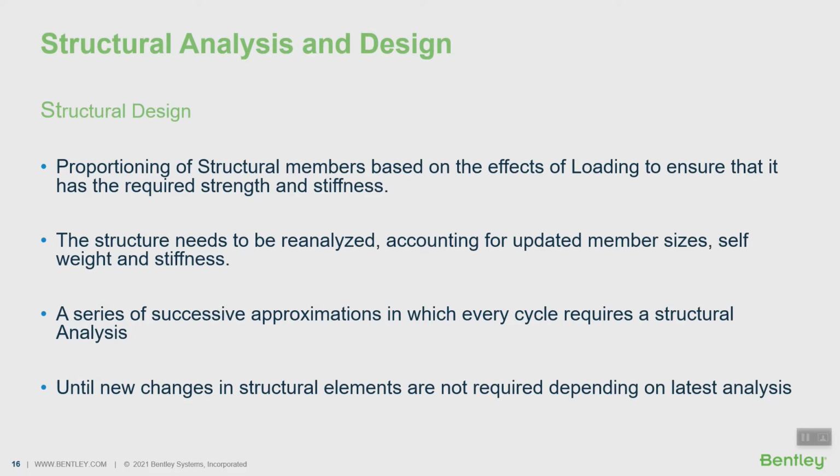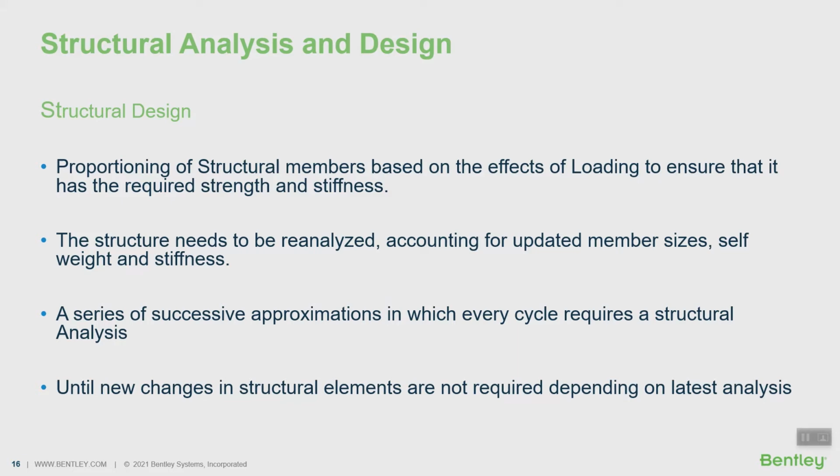After the structural analysis is complete, the structural elements need to be proportioned so that they have adequate strength and stiffness to resist the internal forces without excess deformation or without failure. Once we proportion the structural elements by changing the sections, dimensions, etc., the analysis will be outdated.